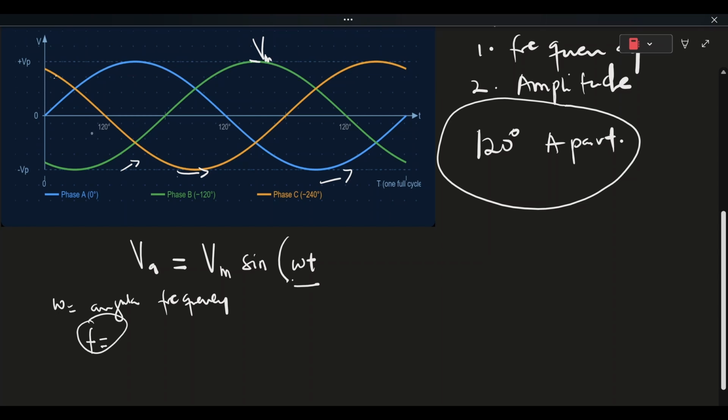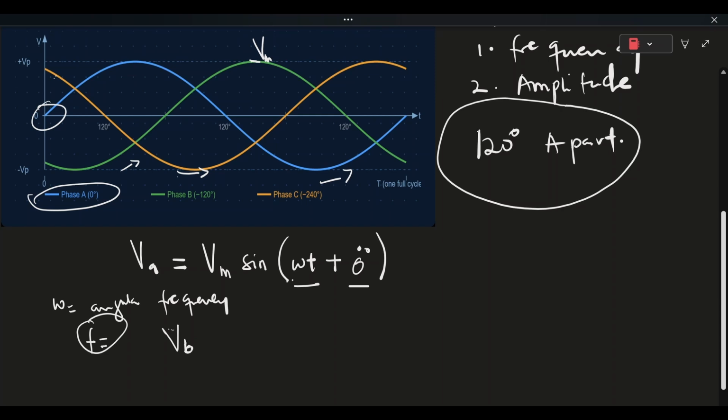So if we say omega t, we are talking about the angle of the wave at a particular time. Plus 0 degrees. First we are talking about phase A, so it will be plus 0 degrees. That's right, this is phase A.